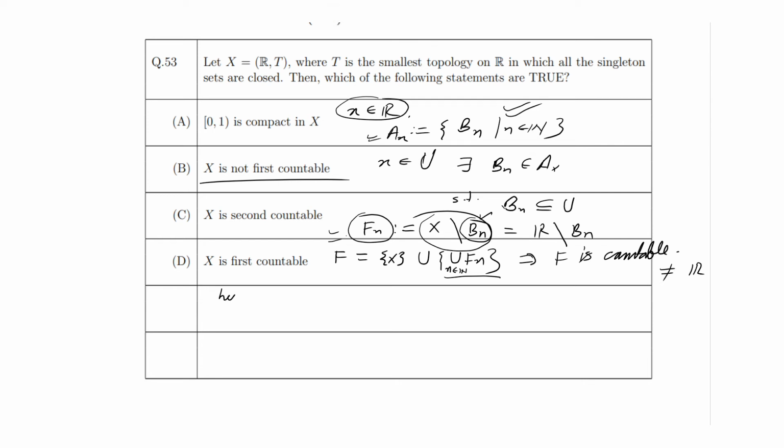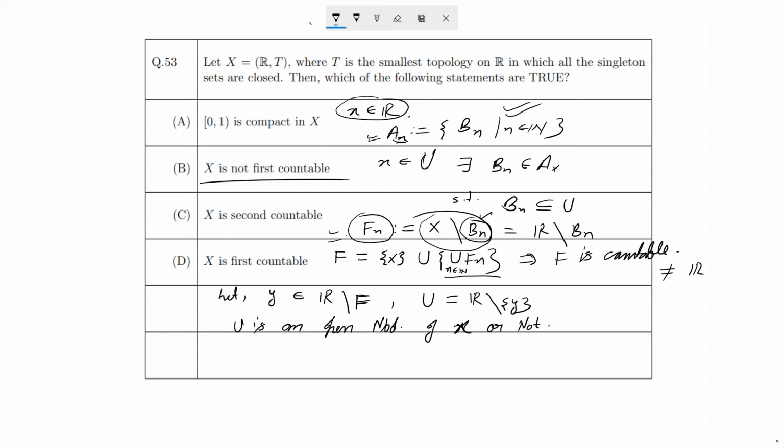So let us suppose that Y belongs to R minus F. Now define a new set U, which is defined as R minus singleton Y. Now my question is, is U an open neighborhood of small x or not?